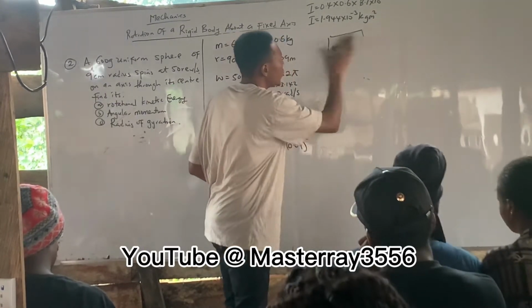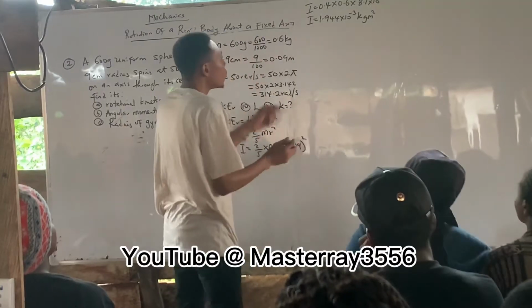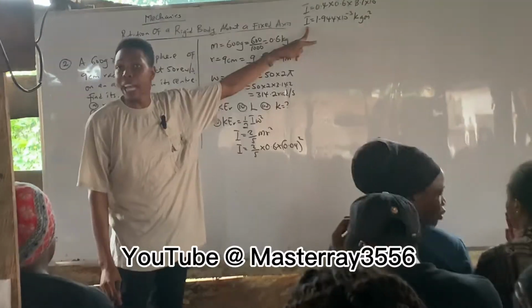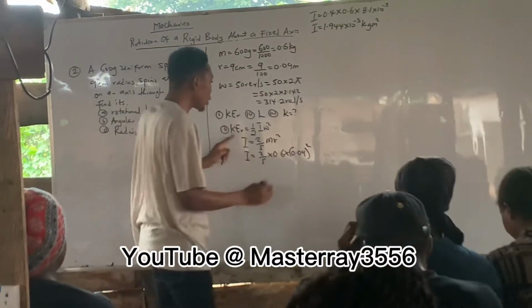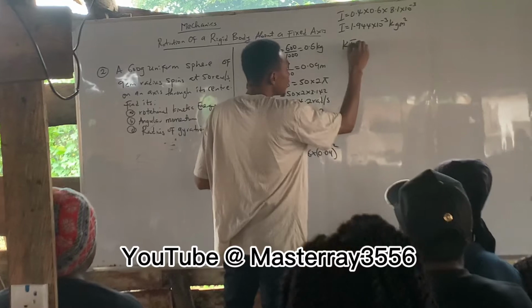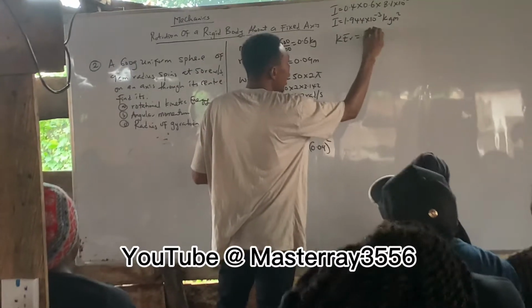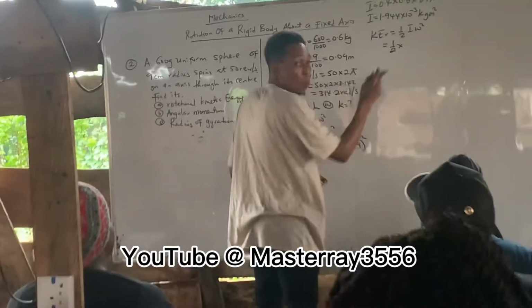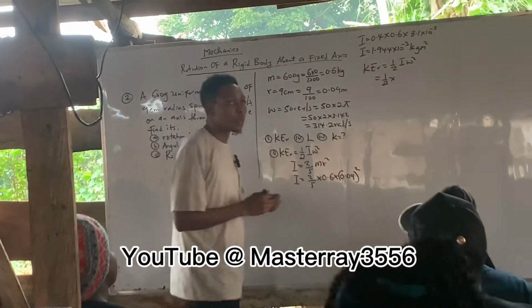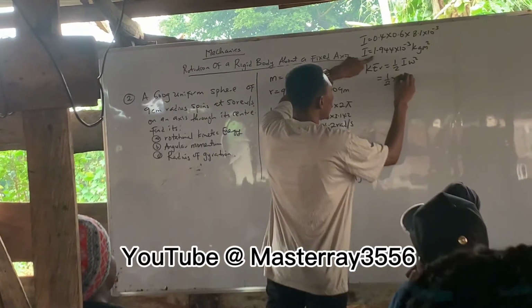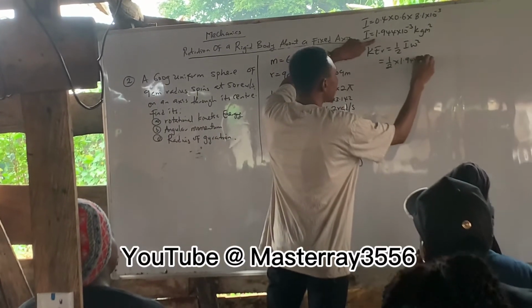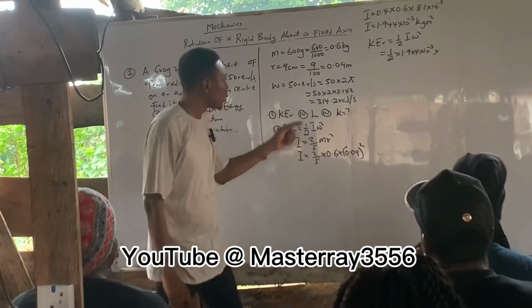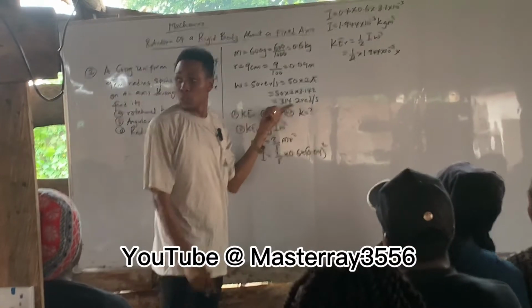So from here, we've succeeded in getting our moment of inertia, right? All right. Now to get our KE, that is 1/2 Iω squared. So it becomes 1/2 times I, 1.944 times 10⁻³, then times ω, 314.2.